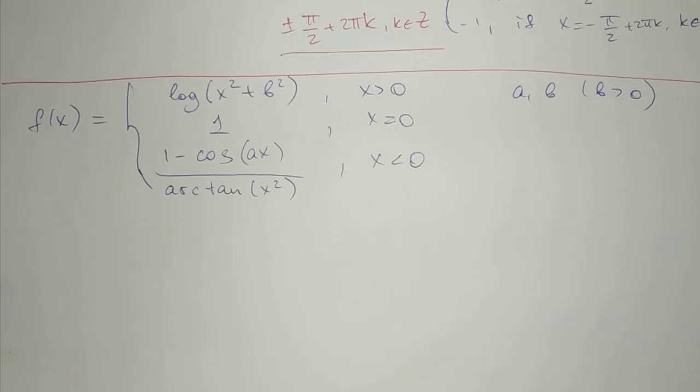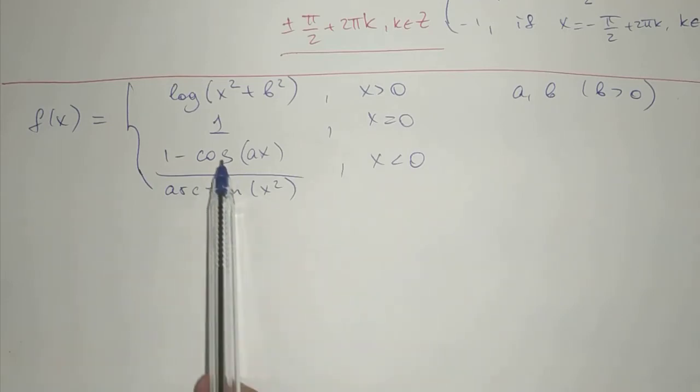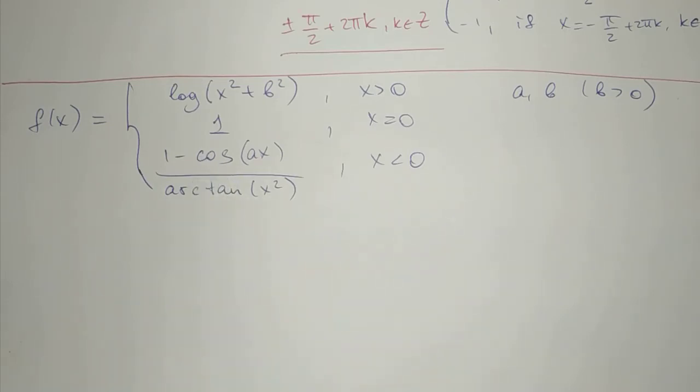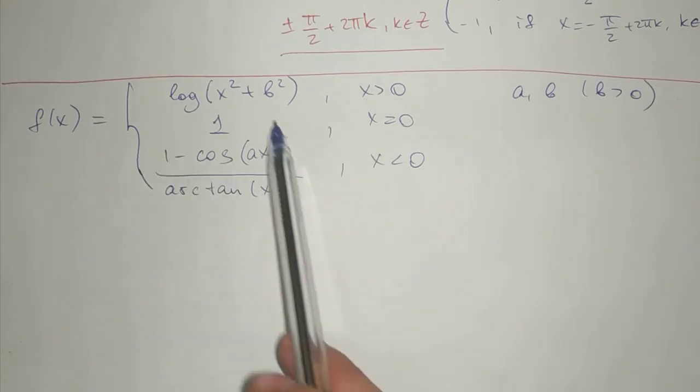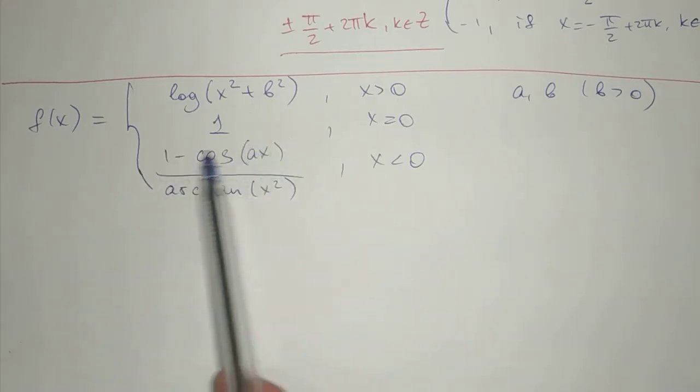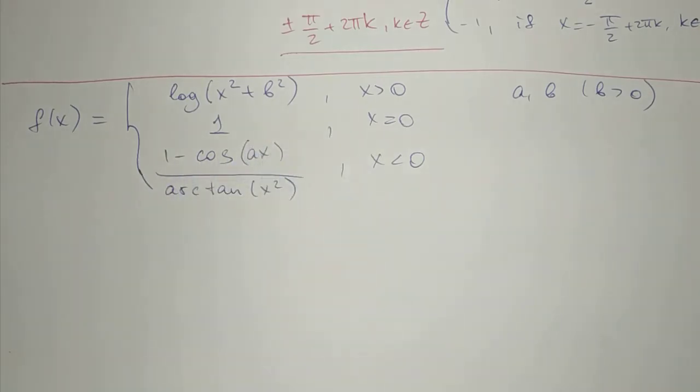Yes, so now here we have the point 0. At the point 0, it takes value 1. If it is greater than 0, it is logarithm. If it's less than 0, this function.